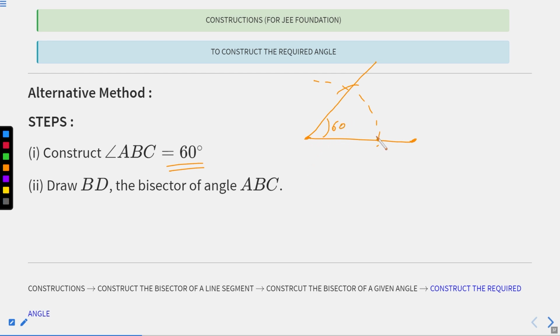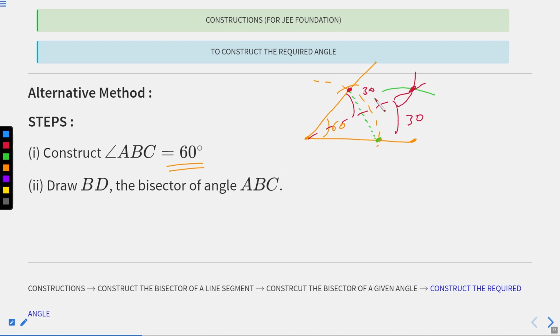Bisecting, make this our center, take a radius more than half of this length, mark an arc here, take the center here with the same radius, marking another arc. Joining them will produce our angle bisector, which gives 30 and 30.